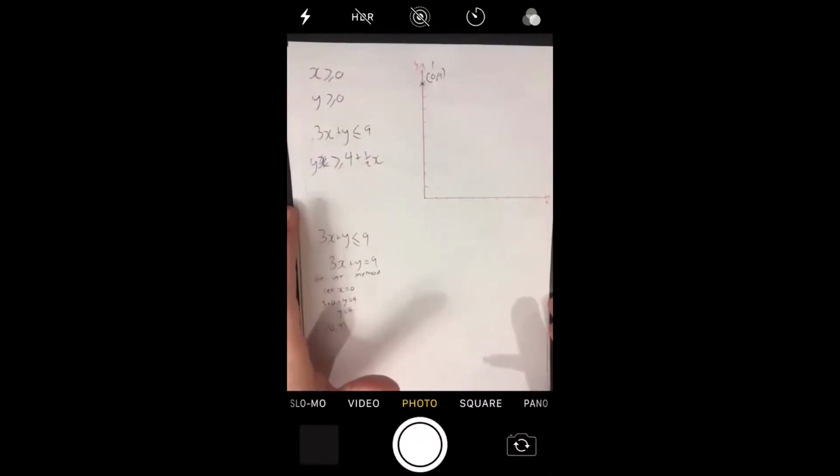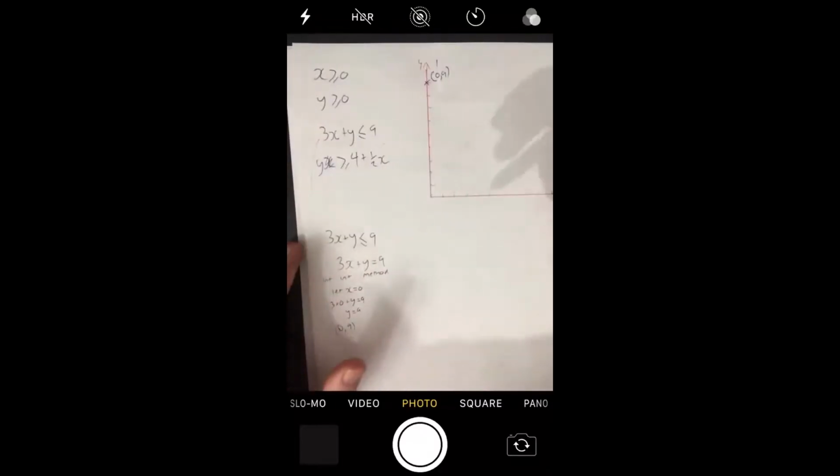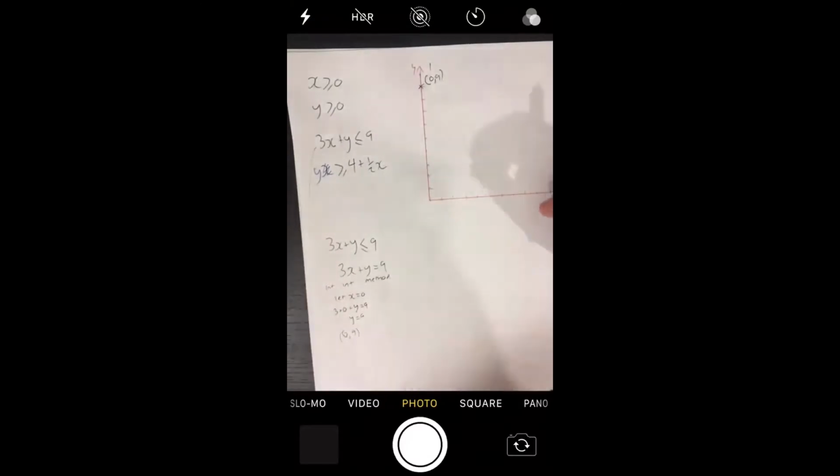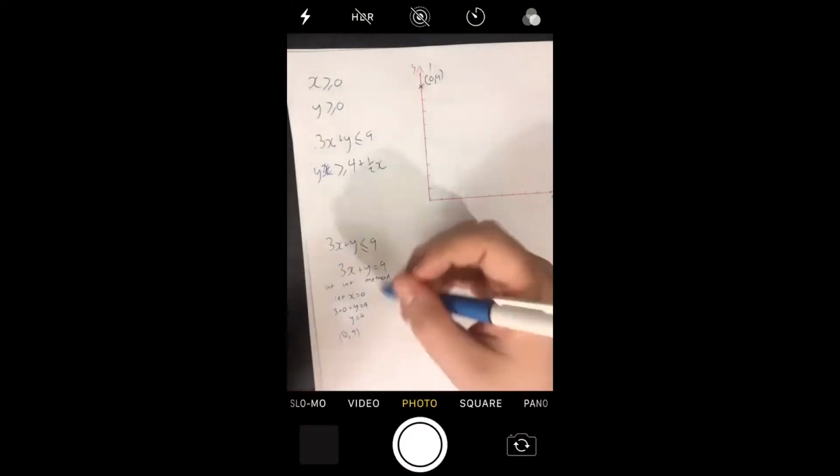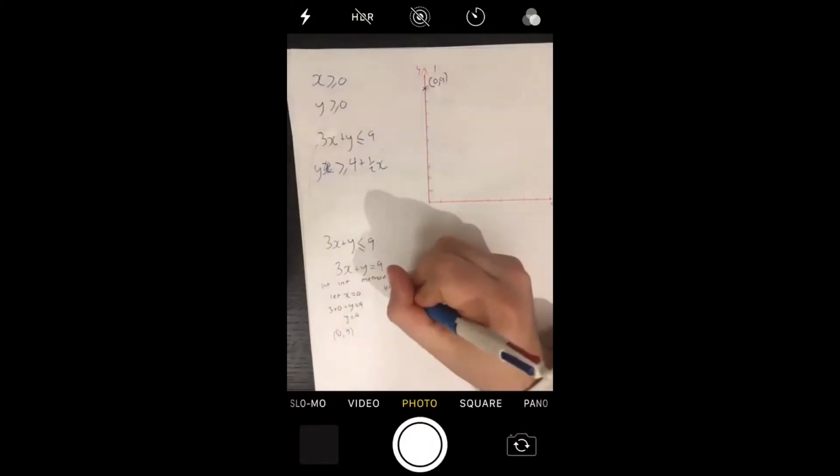It's a good idea to label your points as well, because as time goes on, and especially as these questions get harder, especially next week when we start to really explore not just feasible region, but linear programming, we're going to need to know what the coordinates are at certain points. The other one we're going to do is let y equals 0.